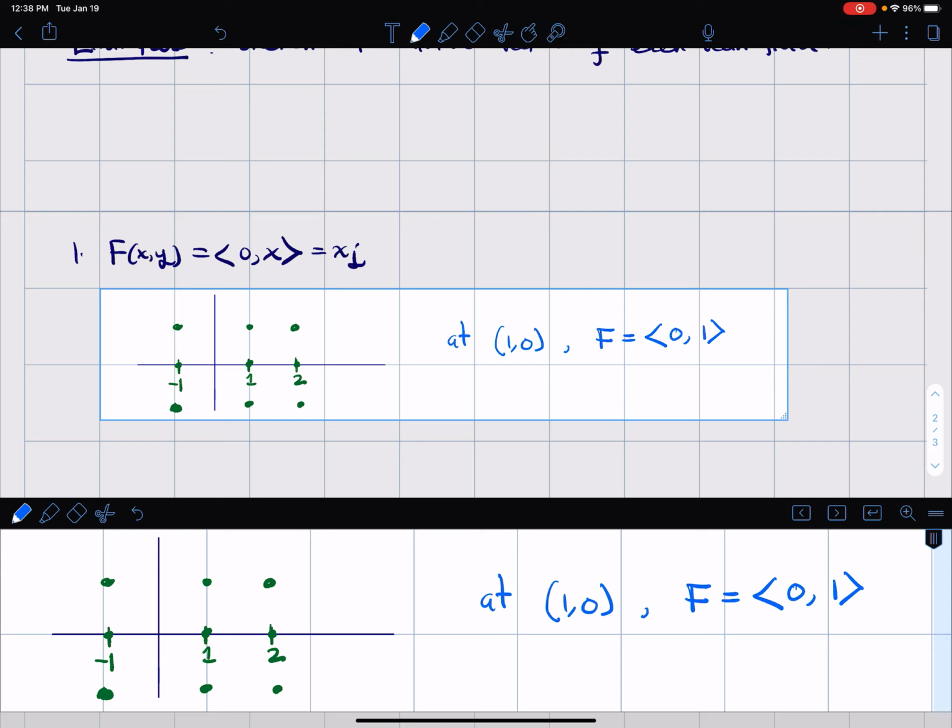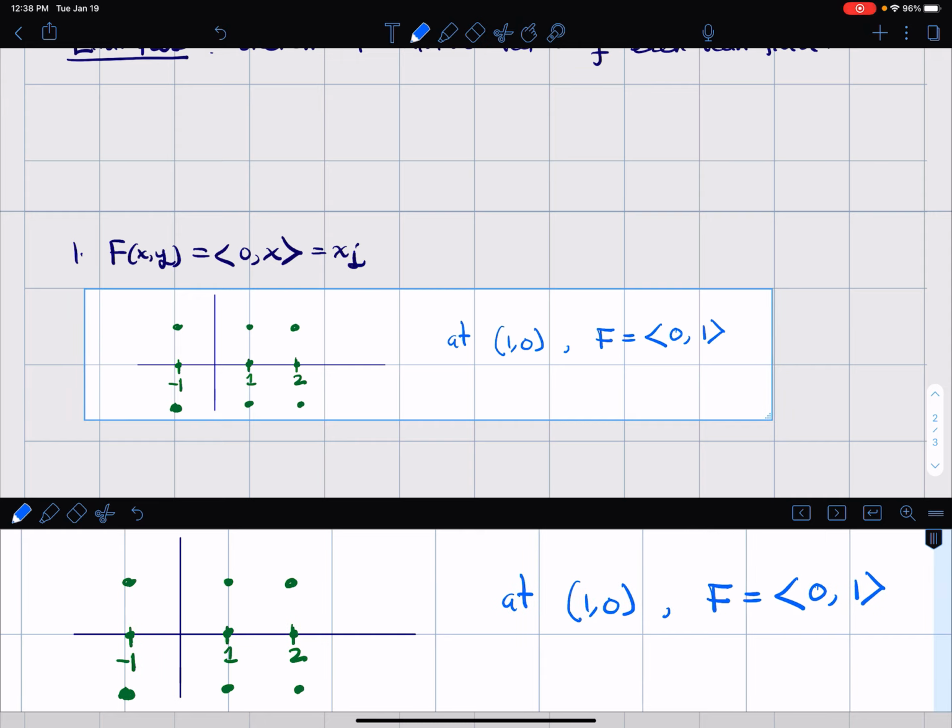So what vector is 0, 1? It starts here, and then it goes up 1 unit. In the x direction it is 0, in the y direction it is 1. So we have something like that.